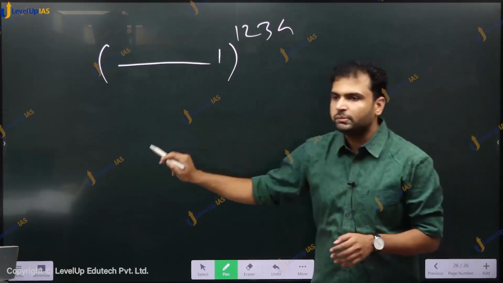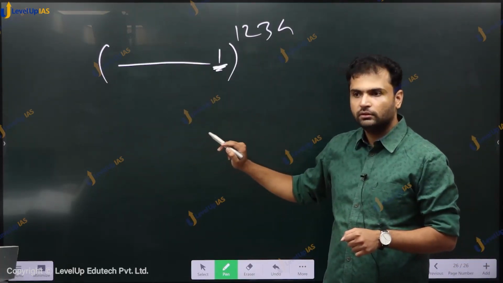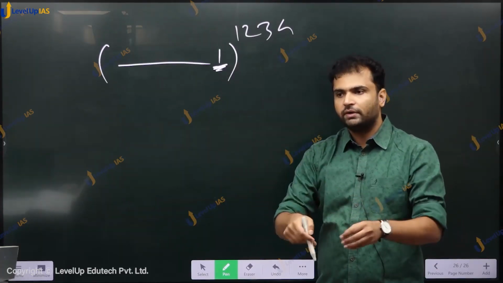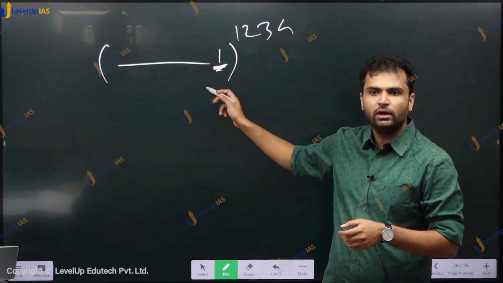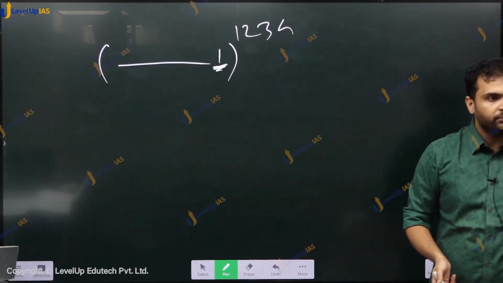What determines the units place of this particular number? Only this, right? Because this 1 would be multiplied by itself, again with itself, again with itself, and end किसमें होगा? 1 में ही होगा. So any power of 1 will end with 1.